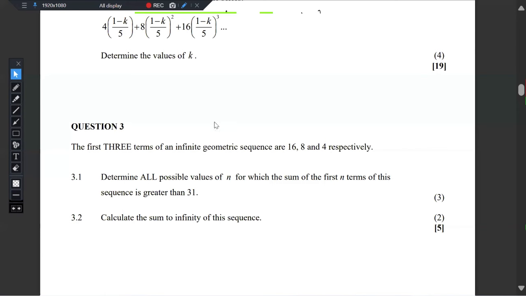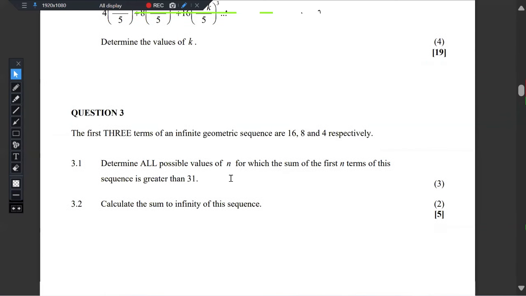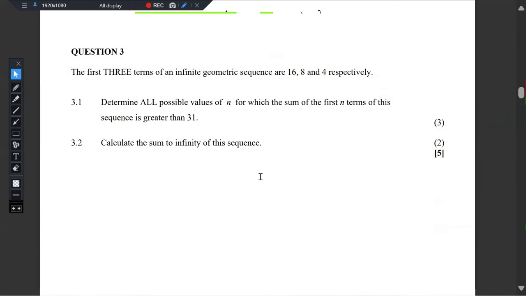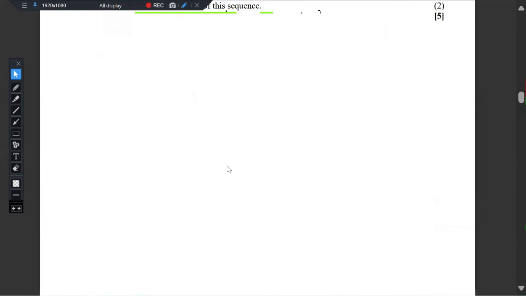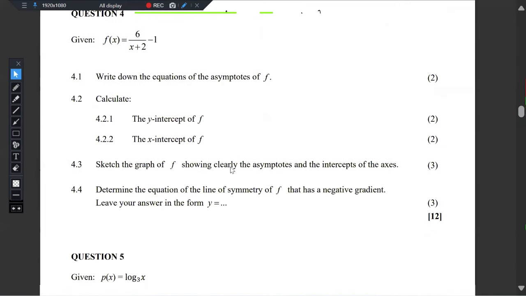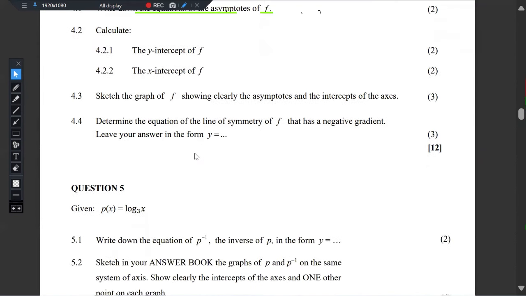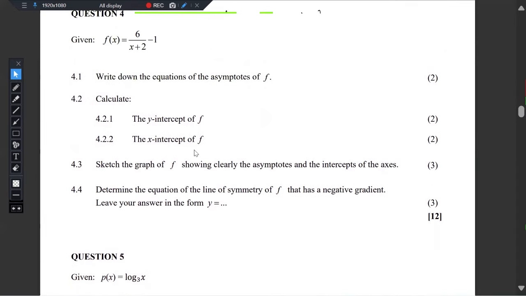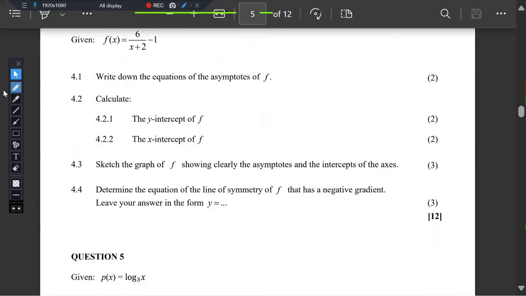If you answer all these questions and get them correct, you are now seated at a level 2. So you still need to push further to at least get level 4, 50%. Right. So now, let's go to question 4.